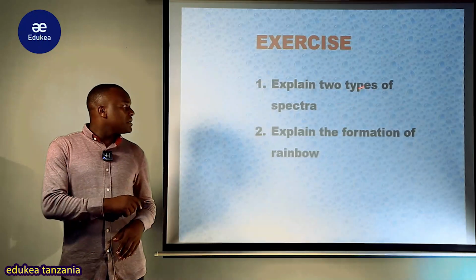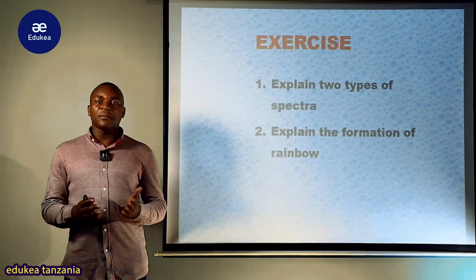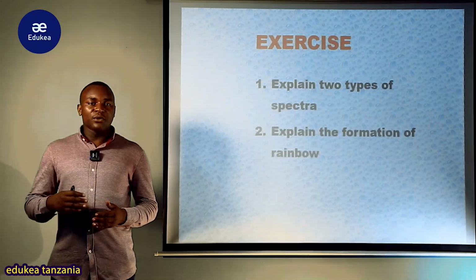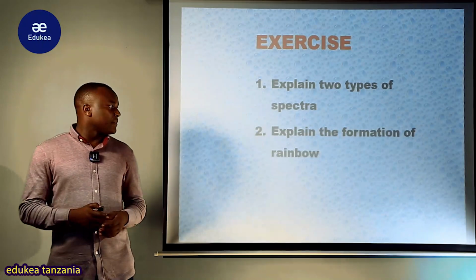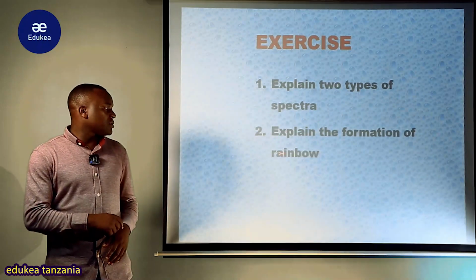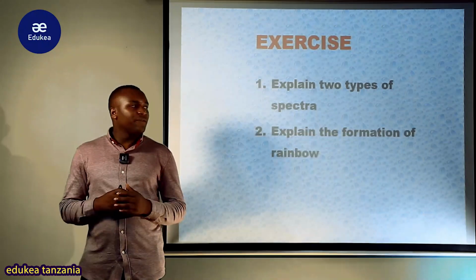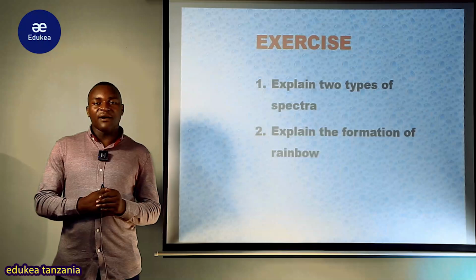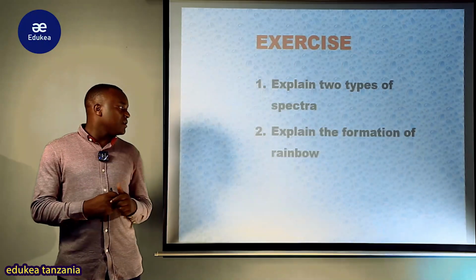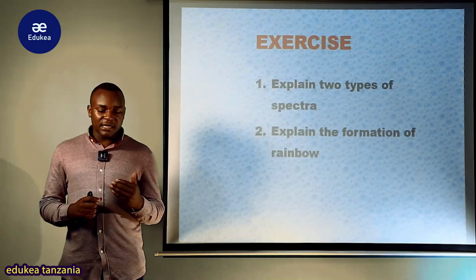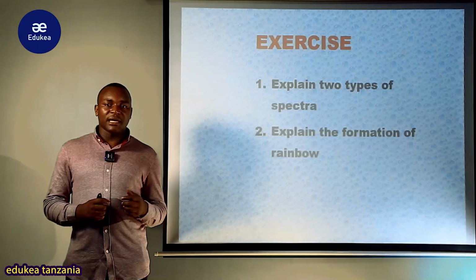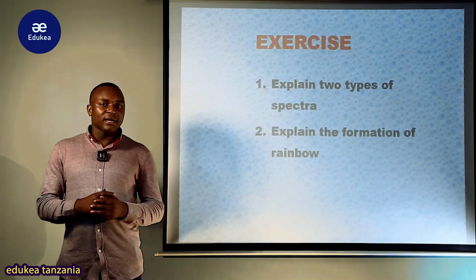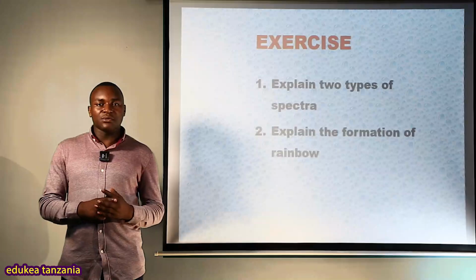So explain the two types of spectrum: what pure spectrum means, and what impure spectrum means. And the last question is explain the formation of a rainbow. As a learner, you have to explain the formation of a rainbow, and by doing so, I'm sure you can attempt those questions very easily, and no one will find a challenge attempting them.